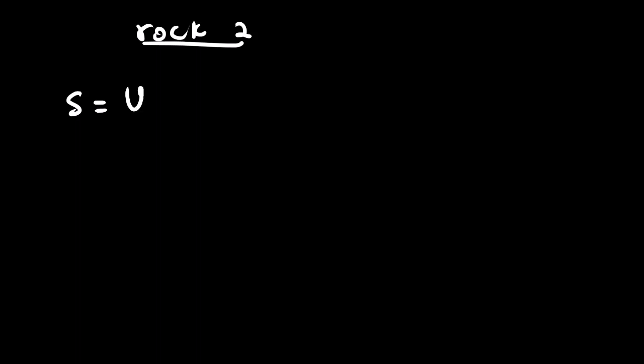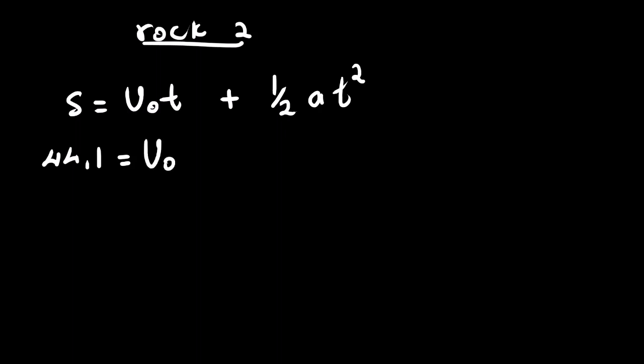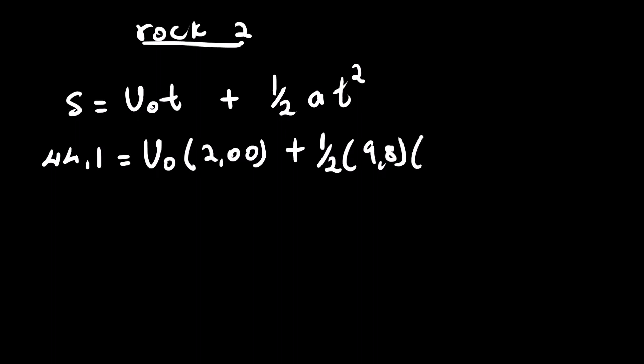So we can use the very same equation. The displacement is 44.1. We are looking for the initial velocity. Time it takes is 2.00 plus half, we have 9.8, 2.00 squared.